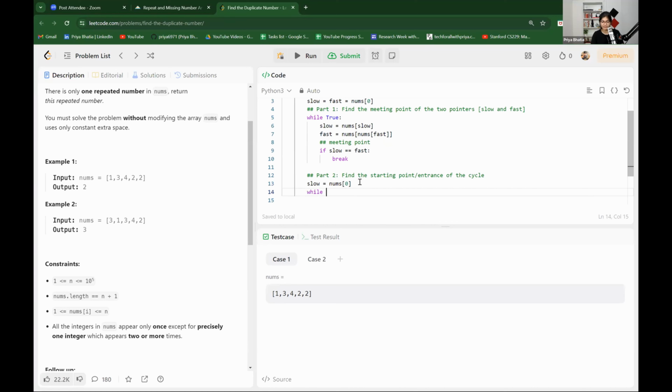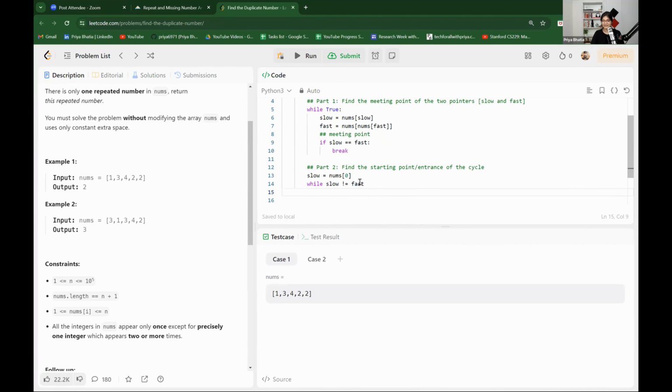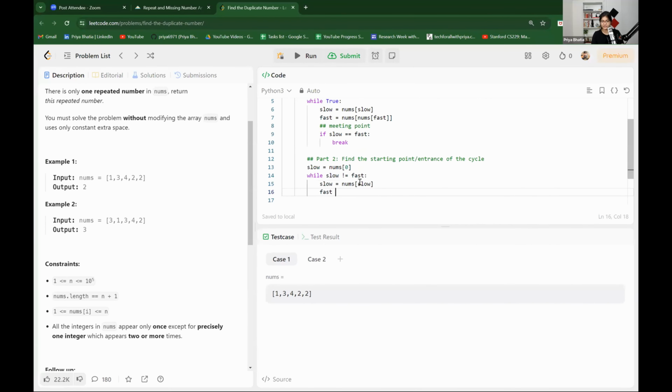You will say until my slow pointer is not equal to the fast pointer, I will move 1 step at a time. Both pointers now will move only 1 step at a time, meaning your slow will become nums of slow, and your fast will become nums of fast. Both are moving at their own pace, only one step at a time.